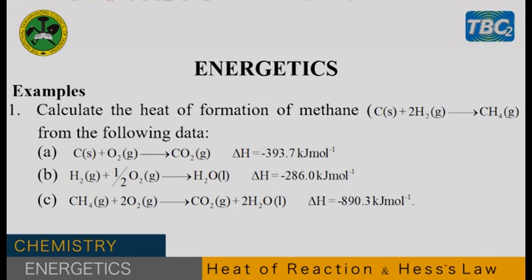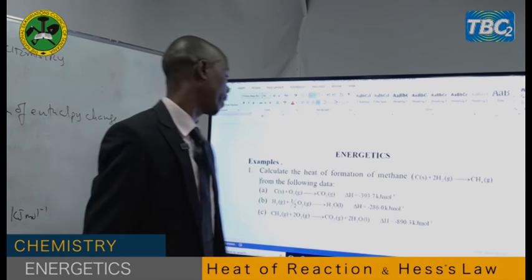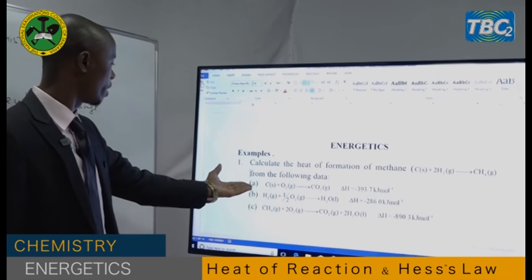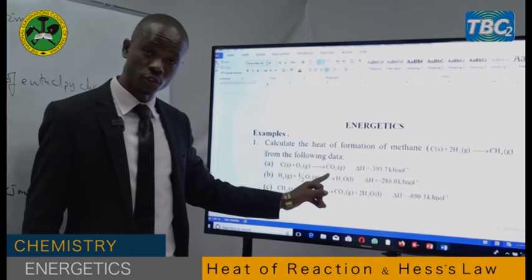The first example says, calculate the heat of formation of methane from the following data. Methane is formed from carbon solid reacting with hydrogen gas. You have the data there. The first one: carbon solid burns in oxygen gas to produce carbon dioxide.